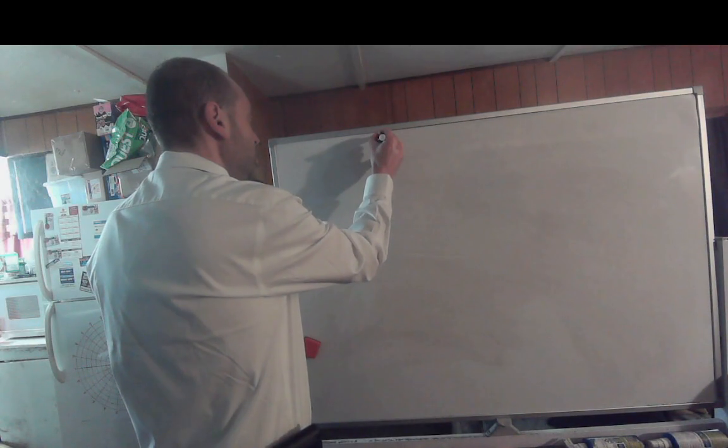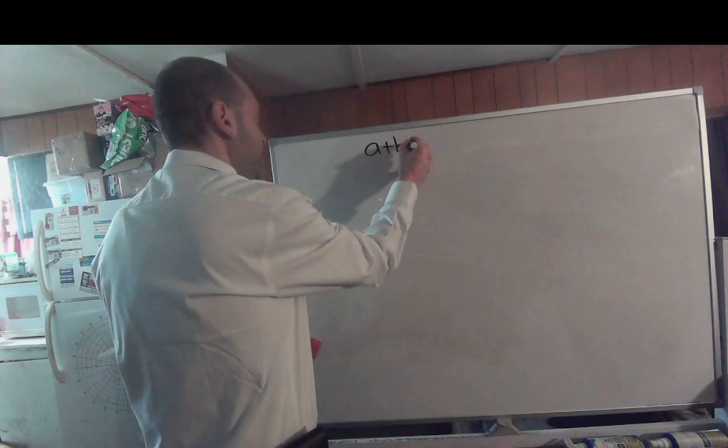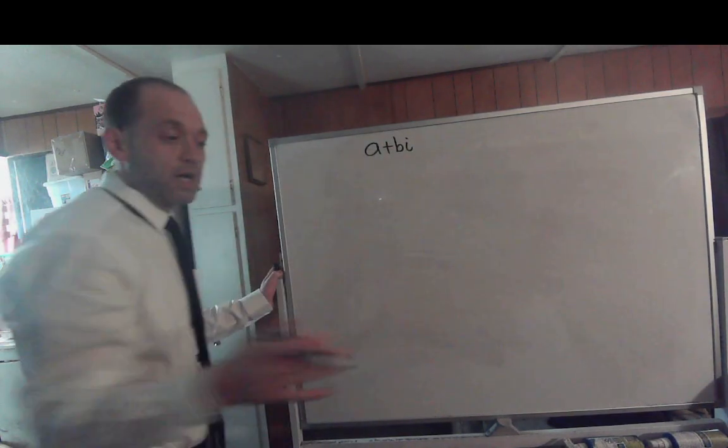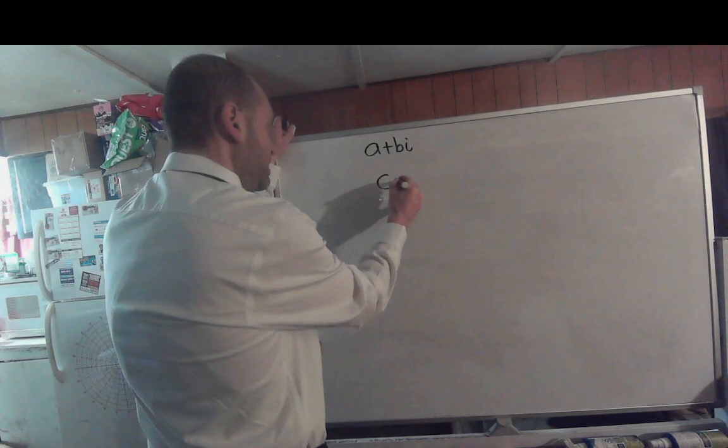Okay. Now, when we talk about imaginary numbers, they occur in conjugate pairs. So you have a plus bi for the standard form of a complex number. They always occur in conjugates.